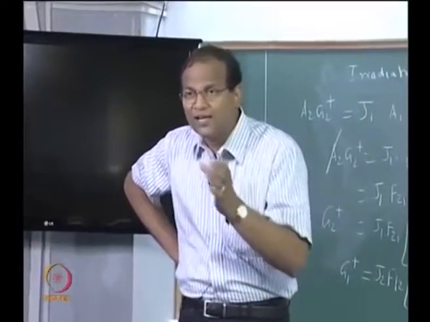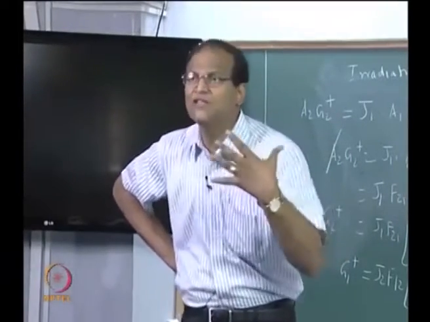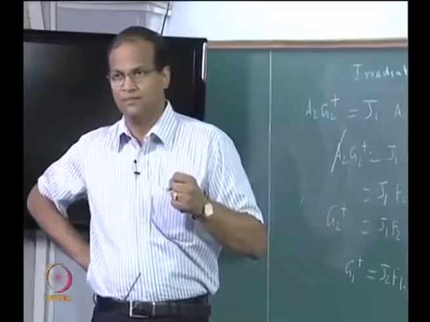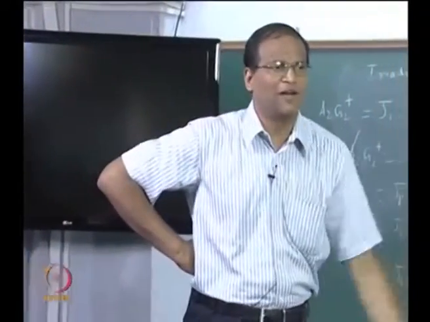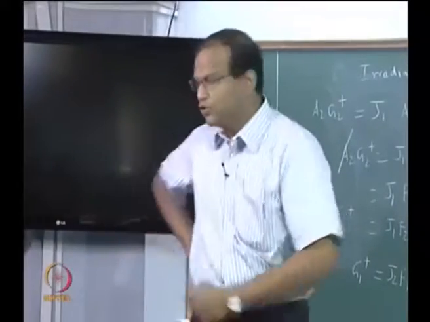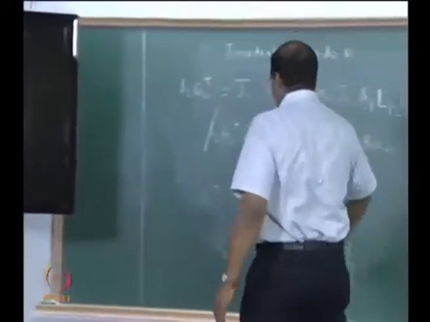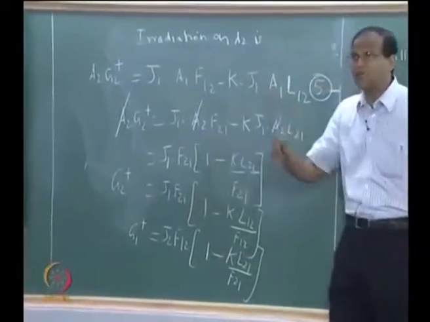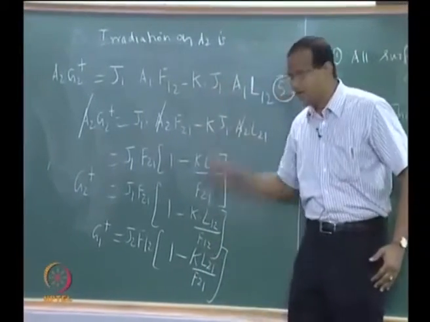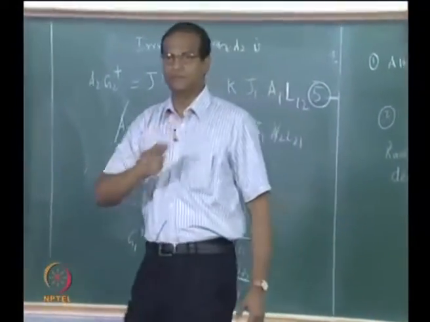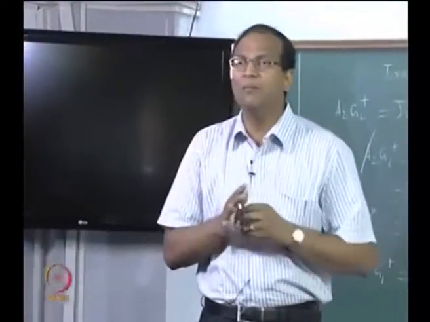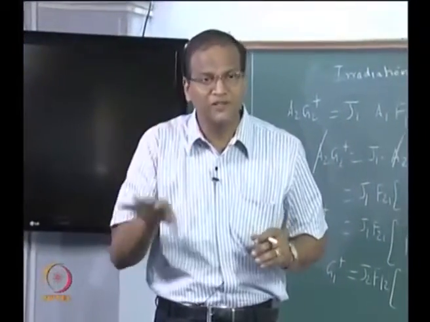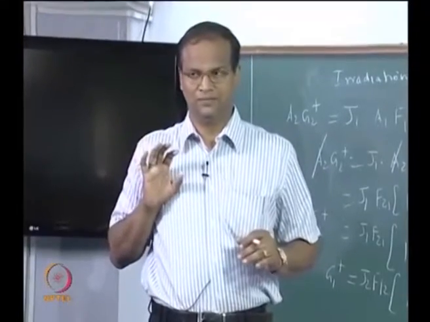So, now we are getting an expression where it is Fij Jj multiplied by some factor. That factor can be deemed to be the transmittance of the gas. If the transmittance of the gas is 1, then we have what is called the evacuated enclosure or transparent medium. So whatever is within the brackets will have a value less than 1 consequent upon the fact that kappa is not equal to 0. Kappa represents the amount of mischief caused by the gas.